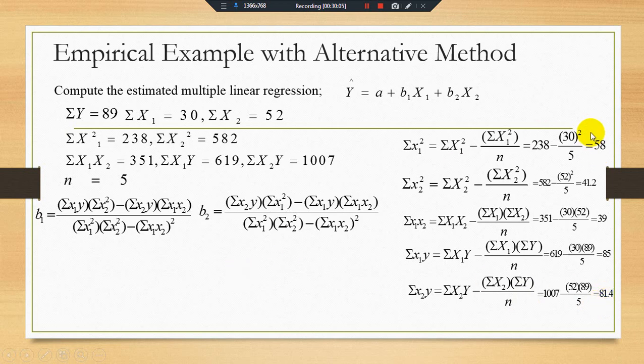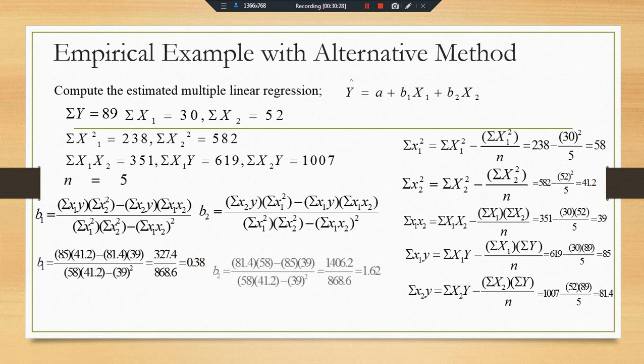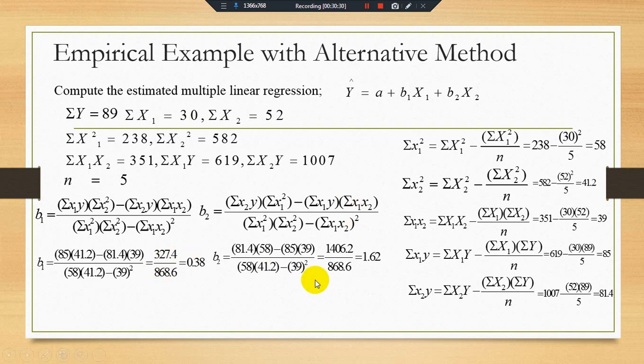Now put these deviation values into the beta 1 formula and beta 2 formula, and we get beta 1 is equal to 0.38, and beta 2 is equal to 1.62.